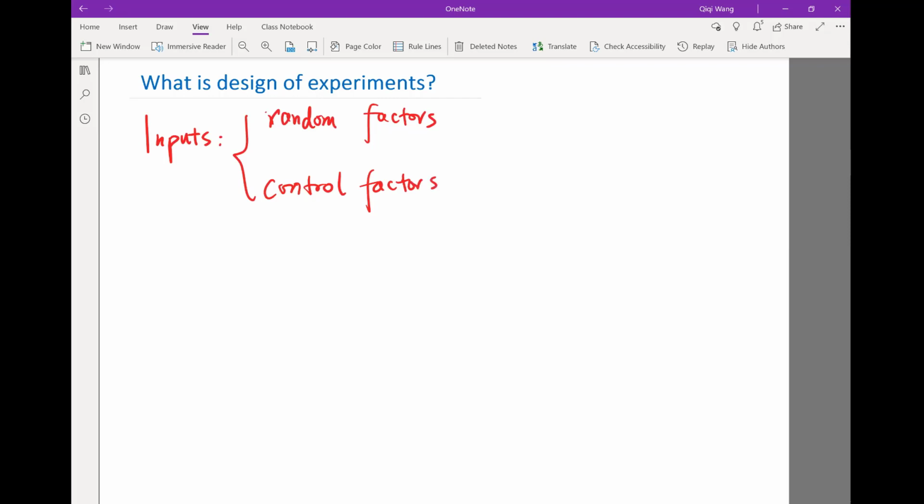These are the inputs that we can control. And the key difference between design of experiments, also called the DOE, and the Monte Carlo method is the existence of these control factors. And because we can control these factors, we not only want to know how the output varies randomly, but we also want to know how the output varies as we change the control factors.